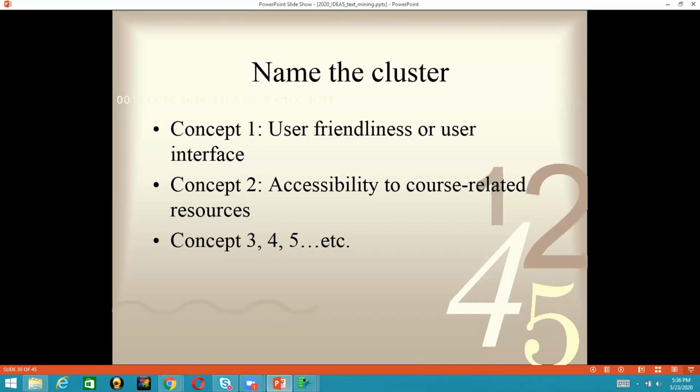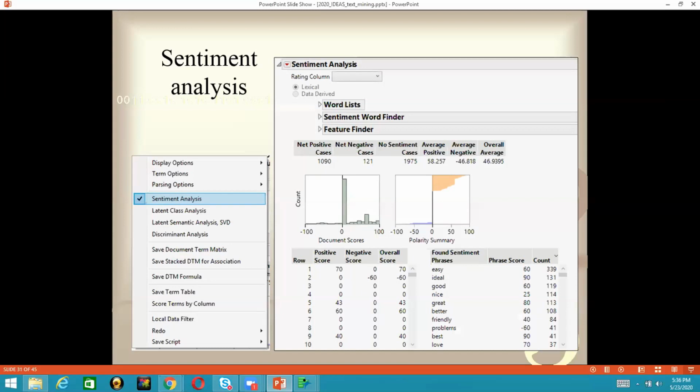Now let's look at the sentiment analysis. Here I can say there are 1,090 cases that display positive sentiment, they feel good, and 121 cases that display something negative, and also the score.